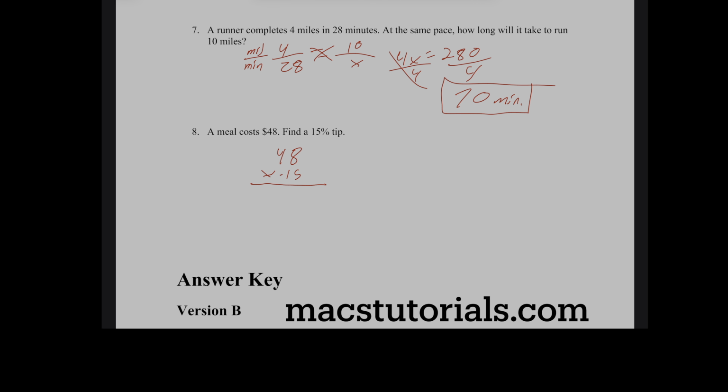The percent is for when we talk and express what that is. But in math, you use the decimal version, which would be 0.15. And then once you get a 48 and you times that by a 0.15, you're going to get $7.20, okay? But you can also be nice and tip 20%.